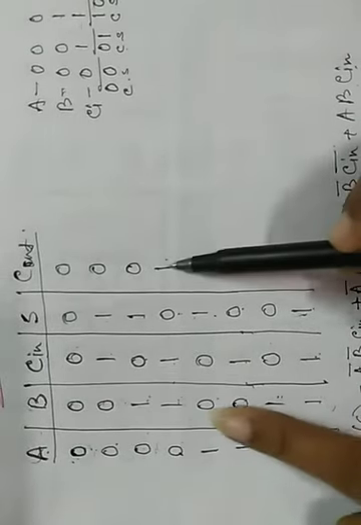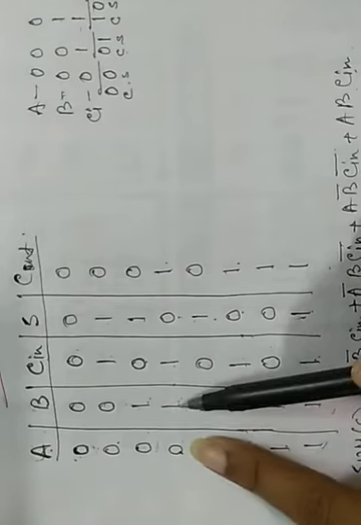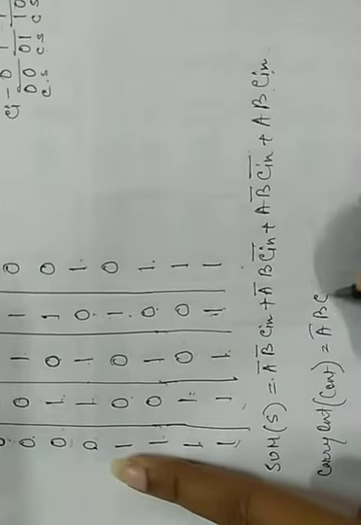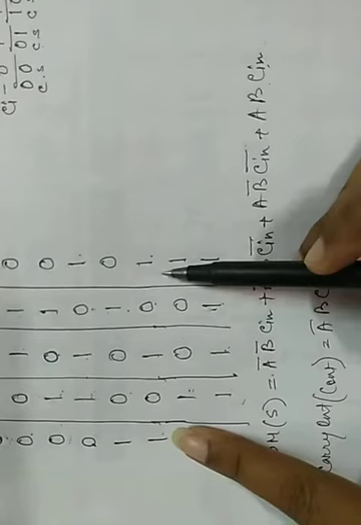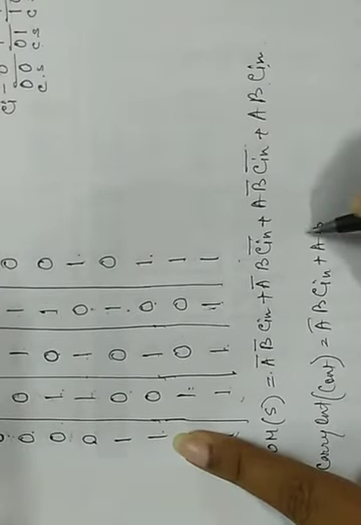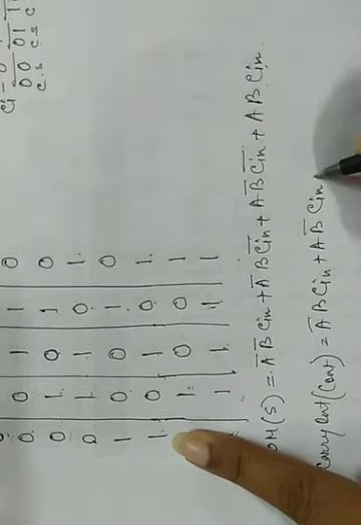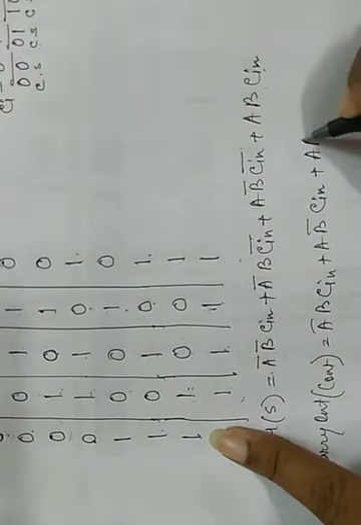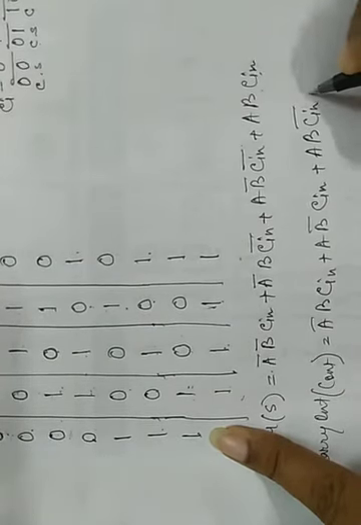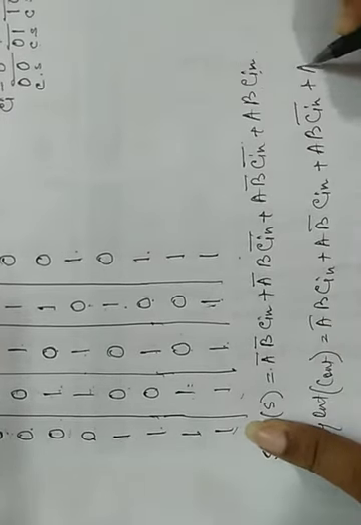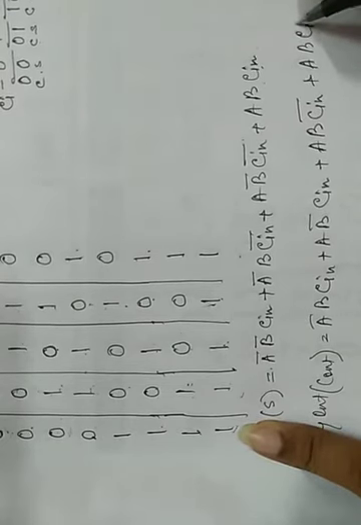So for carry out expression, this one means A bar B C in, plus this one means A B bar C in, plus this one A B C in bar, plus this one is all ones, so A B C in.